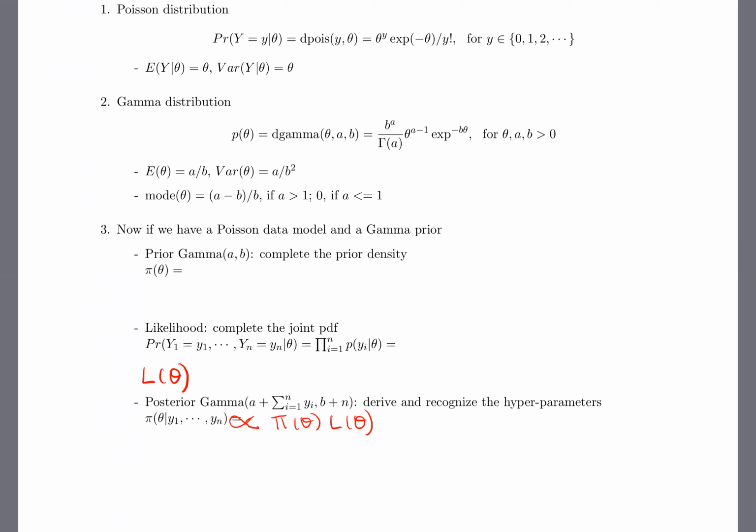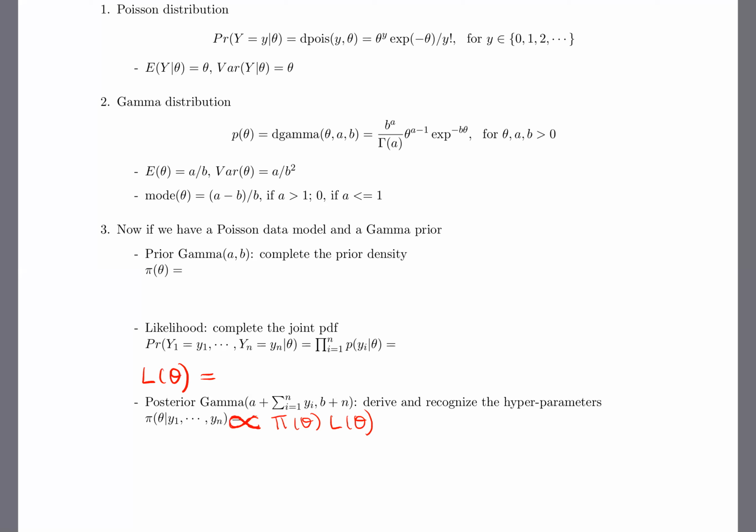And then once you get this pi theta and L theta, we know that Bayes' rule says the posterior is going to be proportional to the prior multiplied with the likelihood, right? And then the rest is making sure that you know what are constants. If they are, don't worry about them anymore.